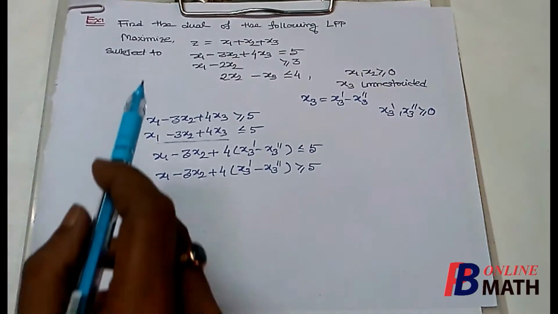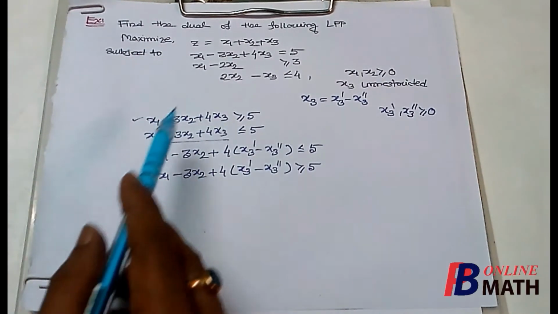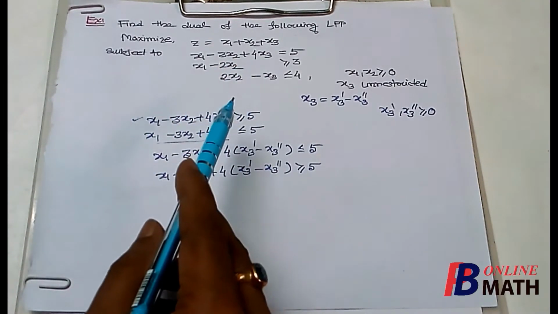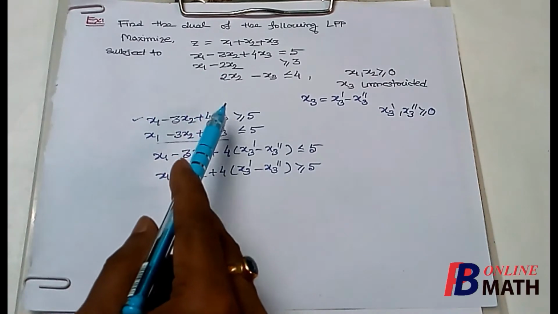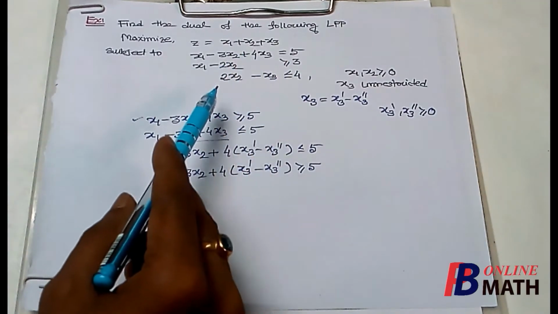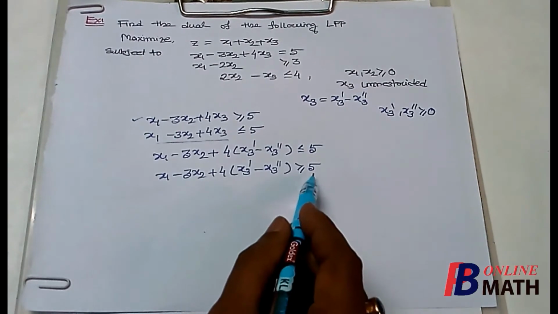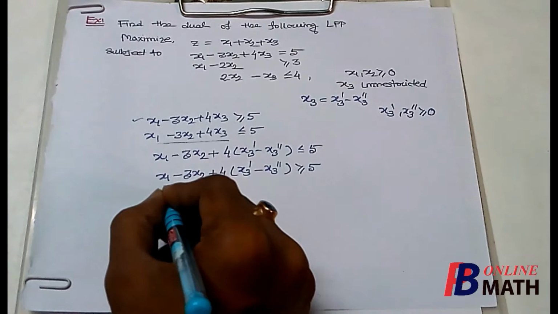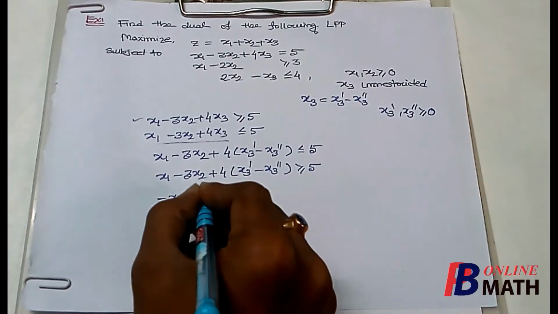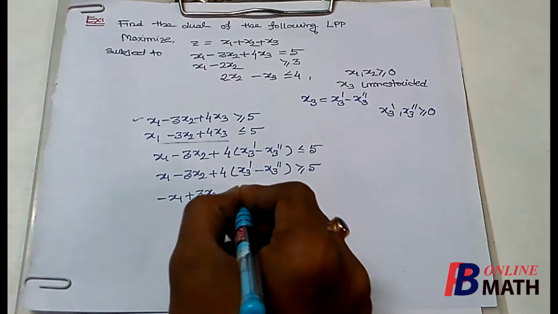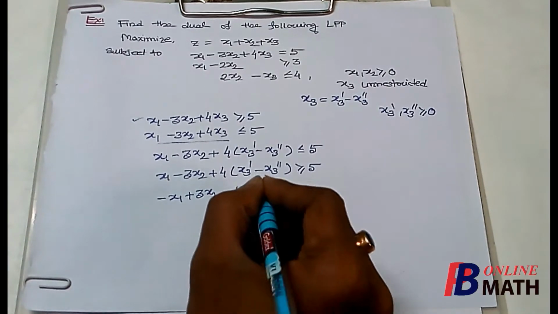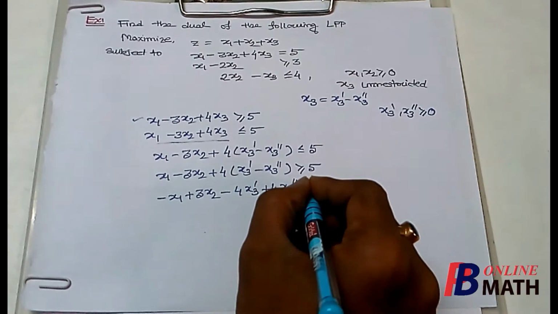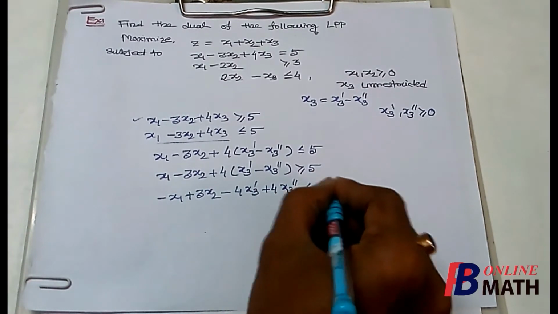But since this is a maximization problem, to convert this problem to a standard primal form, we have to convert all the constraints into inequalities having less or equal to sign. So if we multiply this constraint by minus 1, then it becomes minus x1 plus 3x2 minus 4x3 dash plus 4x3 double dash. This will be less or equal to minus 5.